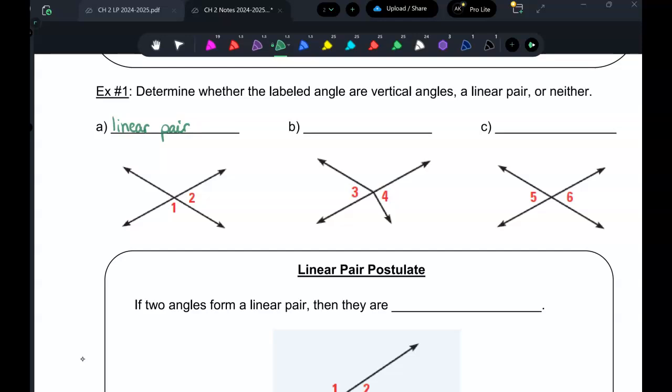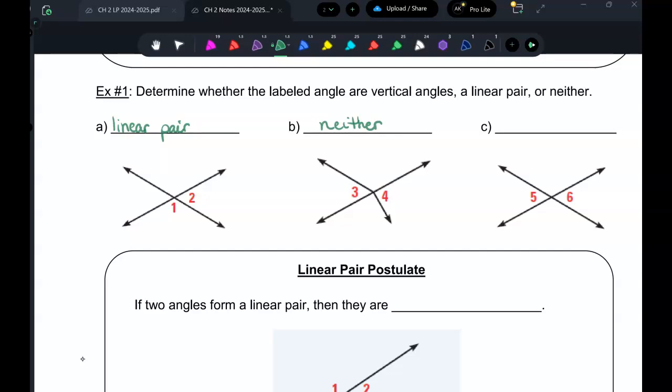Are the lines straight? If the lines are not straight, do you see how this one bends downward? That's neither. Versus, are the lines straight in part C? Yes. What kind of angles are 5 and 6? Vertical. Those are verticals.